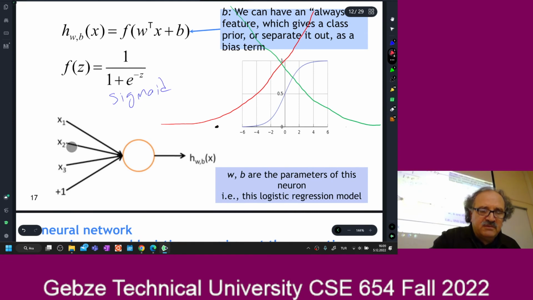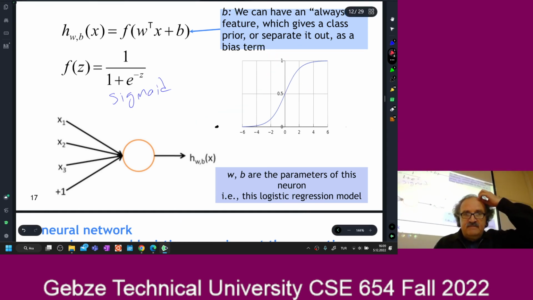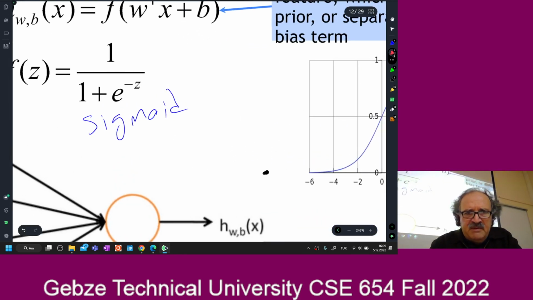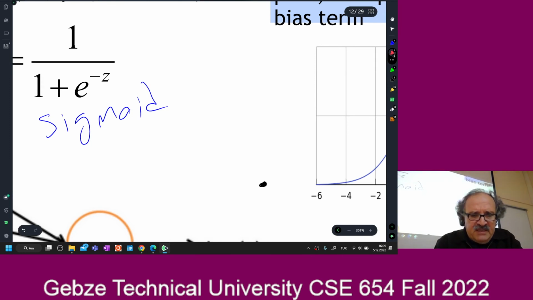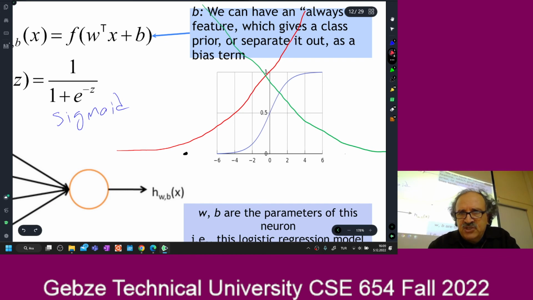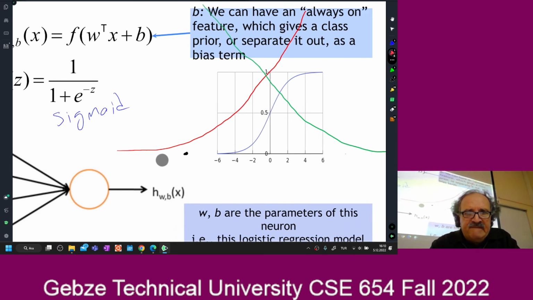These are inputs. Multiply them with W's, add them up and output them using a function like this. Usually we use a function like this one. Can you guess what we are doing with this one? E to the power minus z. Remember the function e? Why did I do that? The red one is function e.